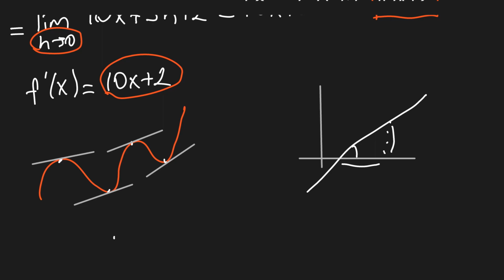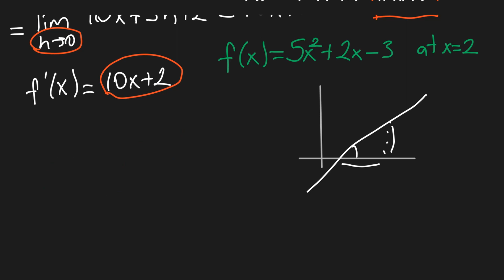any instant, any x. For example, to find the slope of the function curve 5x squared plus 2x minus 3 at the point x equals 2, we can use the derivative of f of x, which is 10x plus 2, by substituting x equals 2.